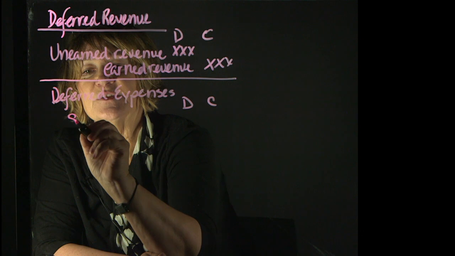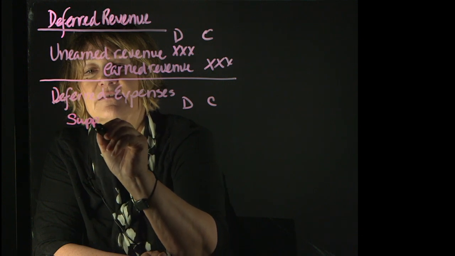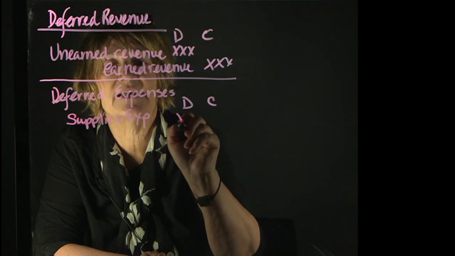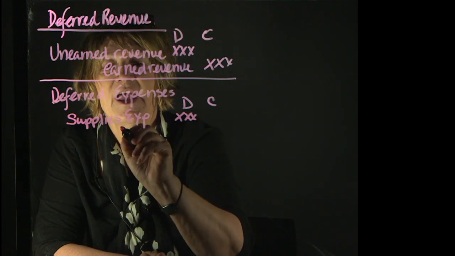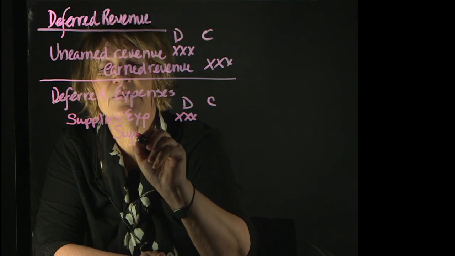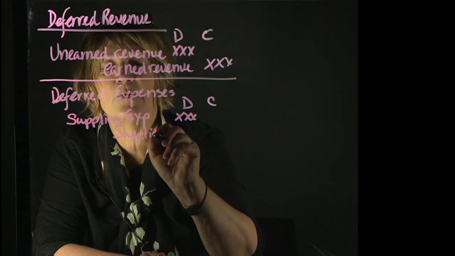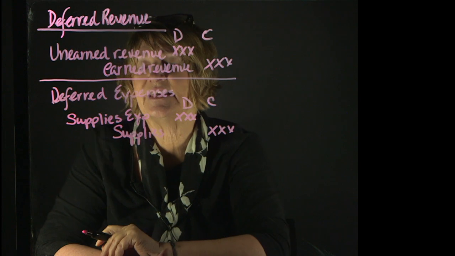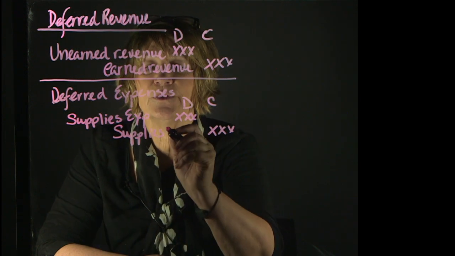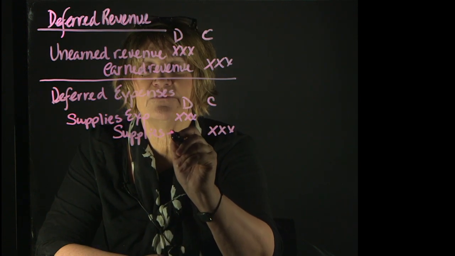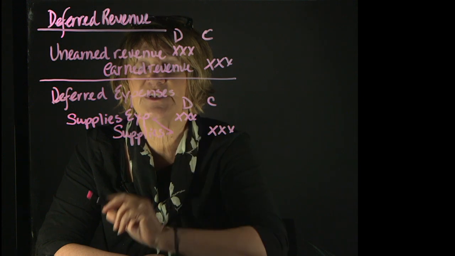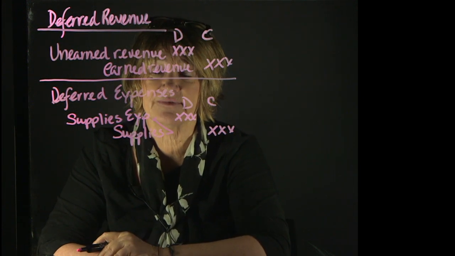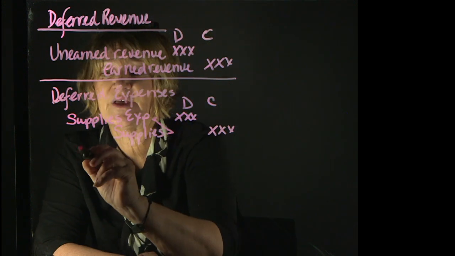So if we have supplies, we are now going to debit supplies expense, and the amount of supplies that we used are going to be moved from the supplies asset account. So all we're doing is taking the amount that we've used and moving it to expenses. It's no longer an asset because it no longer exists. So that's one deferred expense.